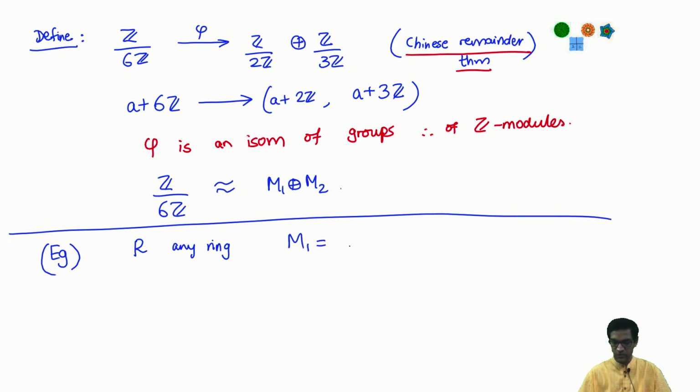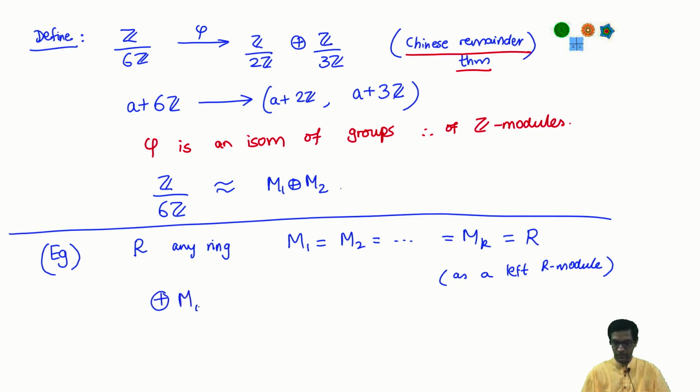Now let's take M1, M2, ..., Mk to all be just R, as a left module over itself. So I just think of all the Mi's as being R itself. What I'm trying to do to form the direct sum is take k copies of R. So what does the direct sum now become?